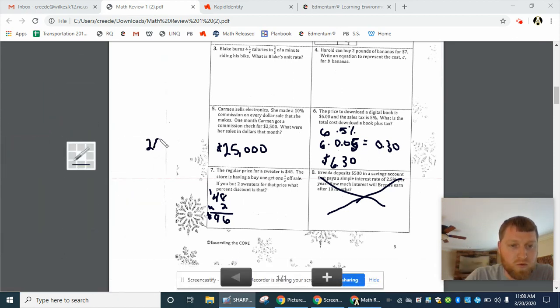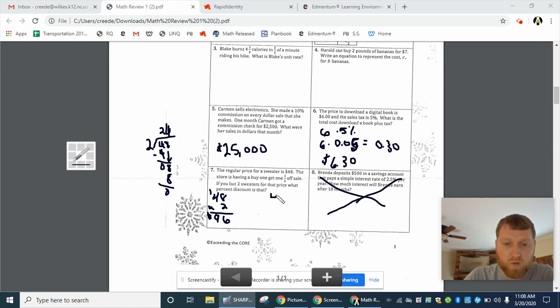So we have 2 going into 48. 2 goes into 4 twice. 2 times 2 is 4. So we get the 0 there. Bring down that 8. And 2 goes into 8 how many times? It goes in there 4 times. 4 times 2 is 8. 8 subtract 8 is 0. So 24 is the amount you pay for the second sweater.